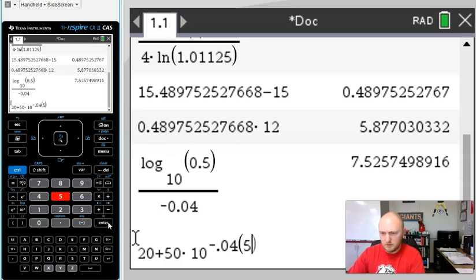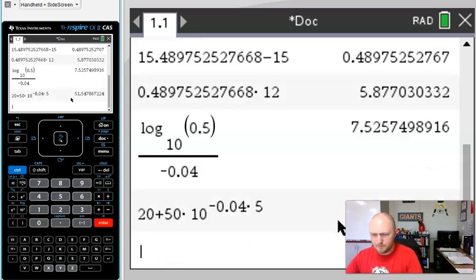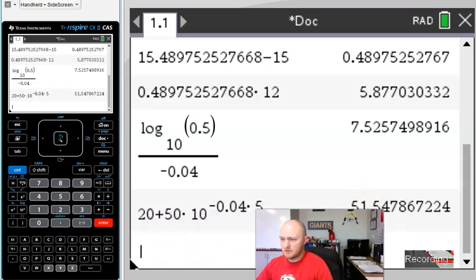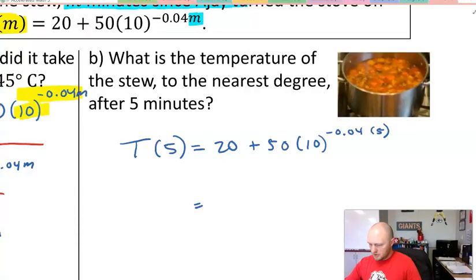Boom. Okay, and we get, to the nearest degree, about 52 degrees, approximately 52 degrees Celsius.